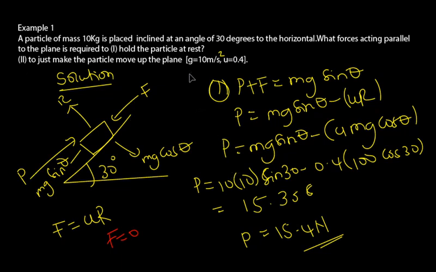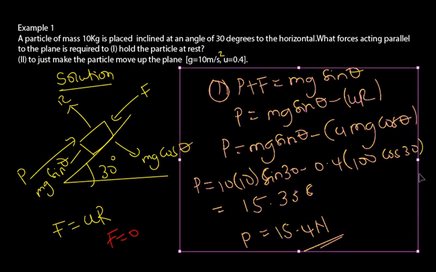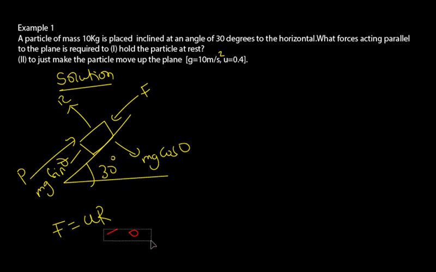So let me just get rid of everything here. Okay, the second aspect of the question is asking us to find the force just to make the particle move up the plane.